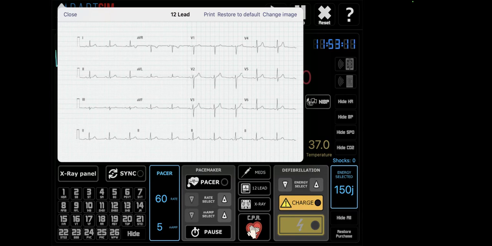At the very bottom down here, where I am moving my mouse around, that gives you a continuous lead II rhythm strip. So this here should correlate with what is up on your patient's bedside monitor. So we think that looks pretty normal. Let's close this.